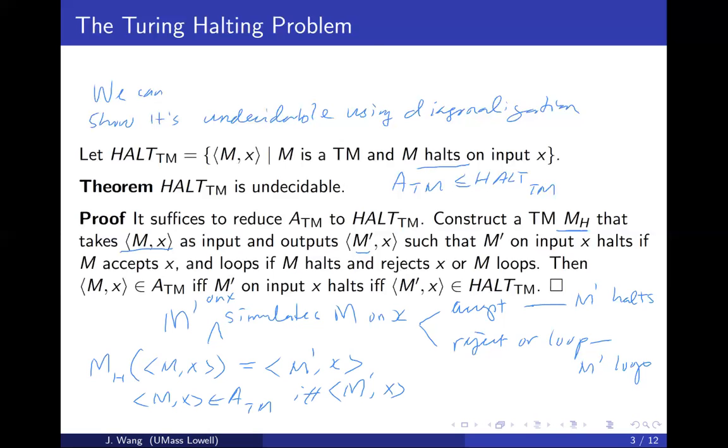If it doesn't accept or it loops infinitely, then it's not going to halt because it's going to loop. So this is the easiest reduction.